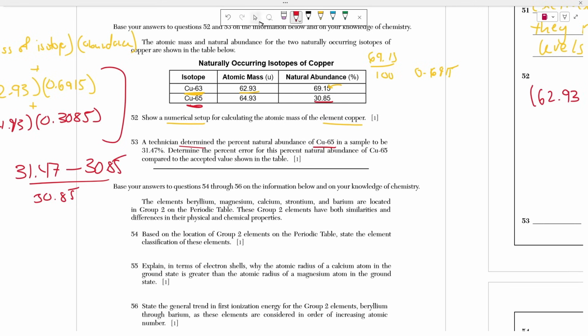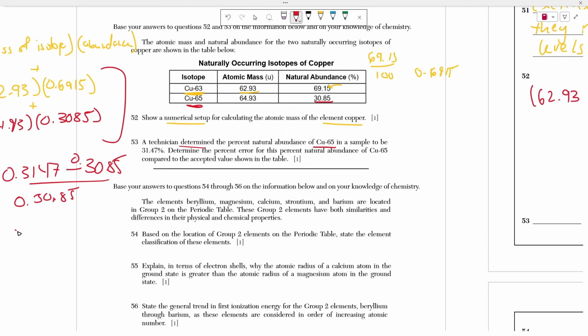Now, almost made a mistake here. Remember, whenever you're dealing with percents, you need to convert them into regular numbers. So this is actually 0.3147, and this is actually 0.3085, and this is again 0.3085. So all we have to do is just plug that into our calculator. So I'll do 0.3147, remember, as a number, not a percent, minus 0.3085 divided by 0.3085.